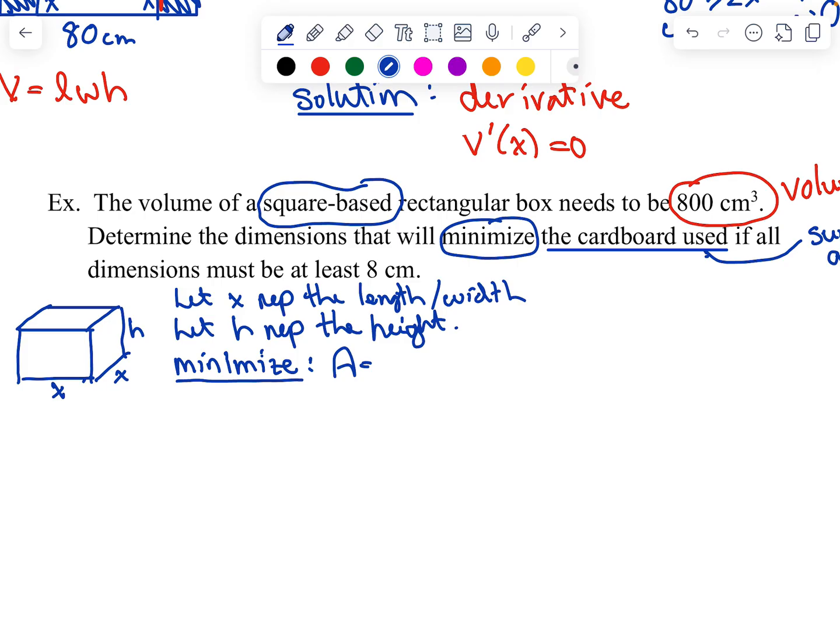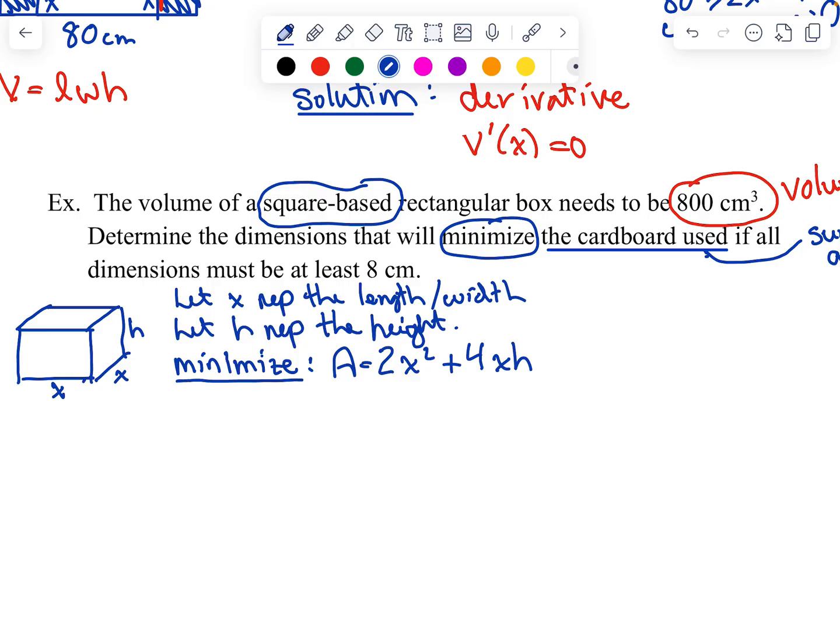So I have that bottom shape, which is x times x, and the top shape, which is identical. So the top and bottom area is x squared, but I have two of them. To that, I want to add on the sides. The sides are also rectangular, so the side area would be x times h. However, I have 4 of those.